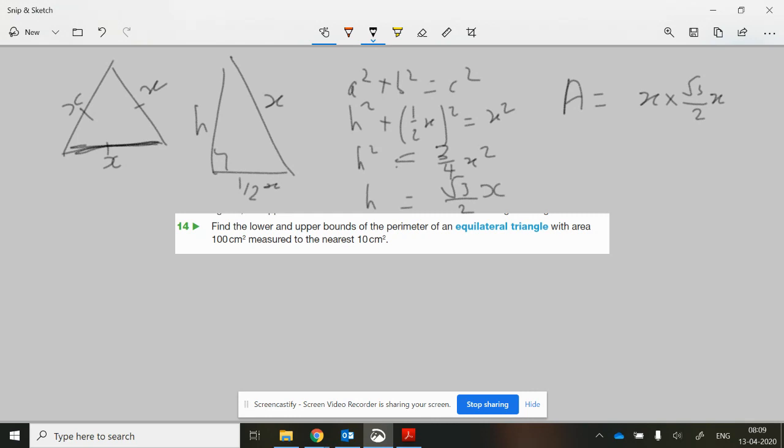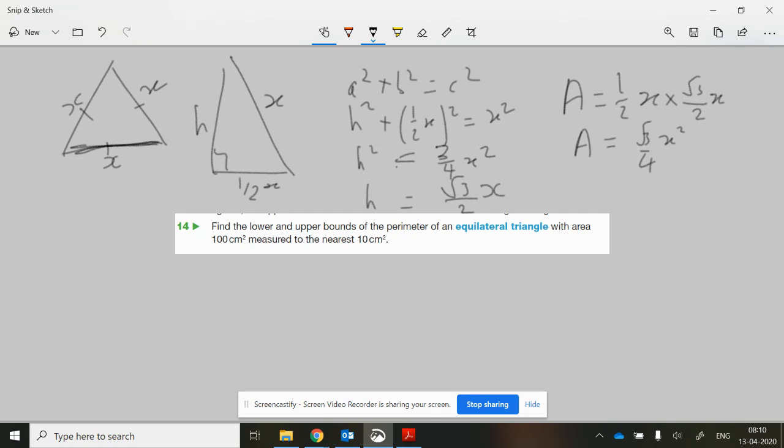And then we want to divide that by 2, which is the same as timesing it by a half. So I'm just going to put that half on the front. That's half base times height. Okay, so then we can simplify this one. x times x is x squared, square root of 3 on the top, and 2 times 2 on the bottom, which is 4. Right, so there's our area.